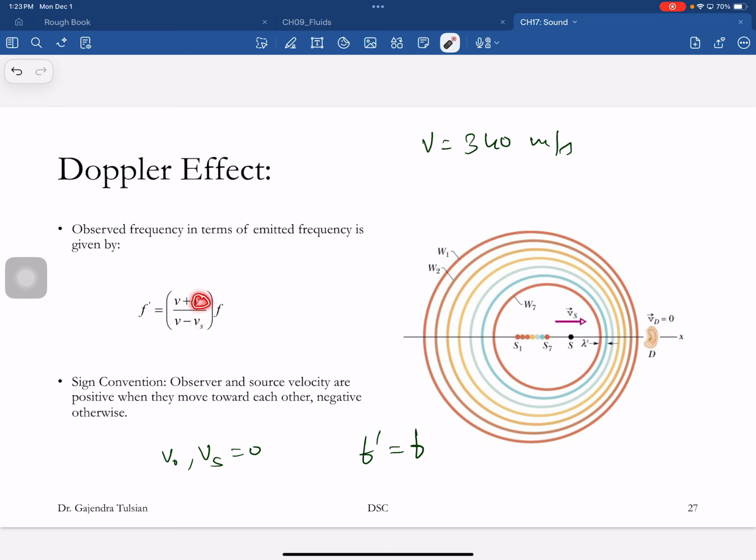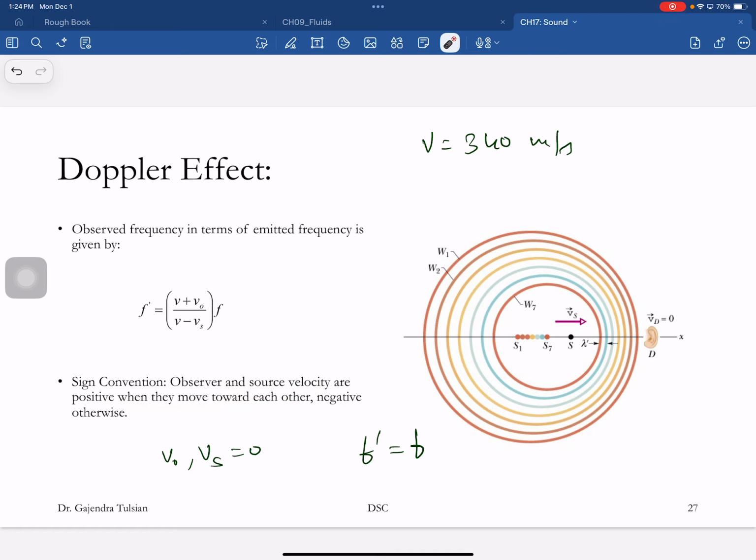This speed is taken to be positive when you move towards the source, and negative when you move away from the source. This is taken to be positive when the source is moving toward the observer, and negative when the source is moving away from the observer. So observer and source velocities are positive when they move toward each other and negative otherwise.